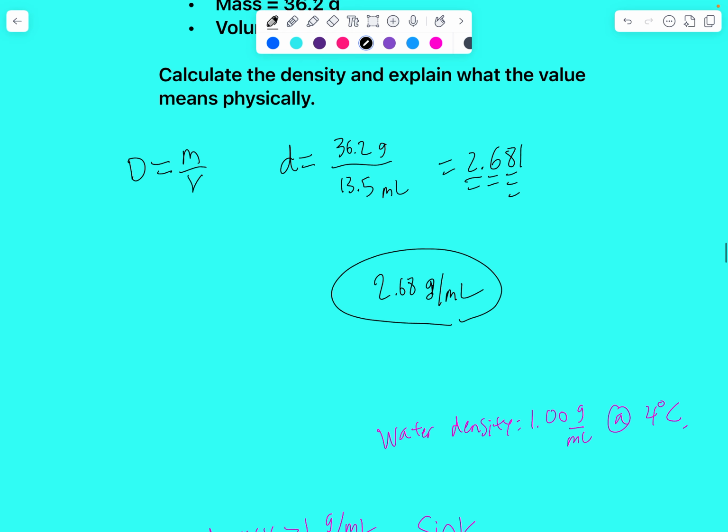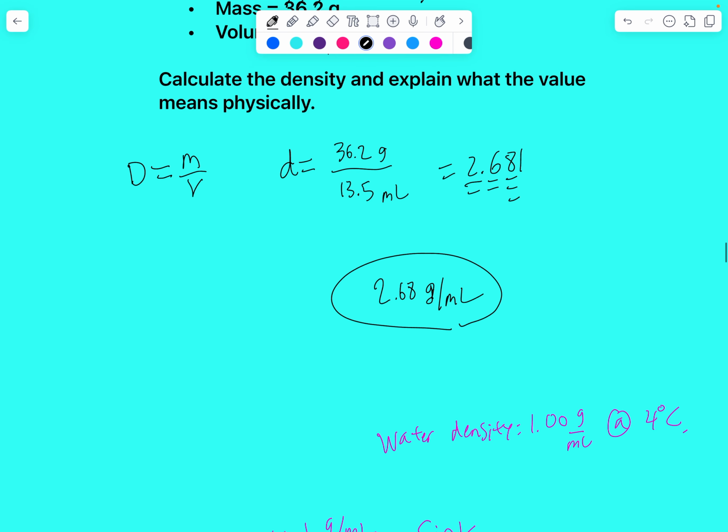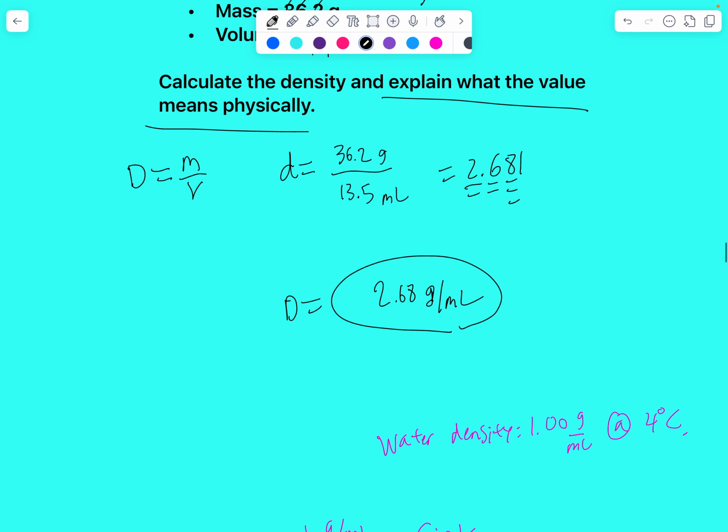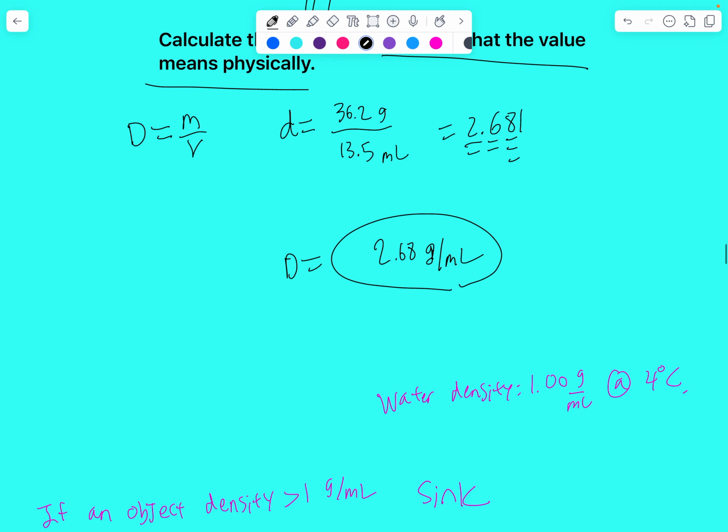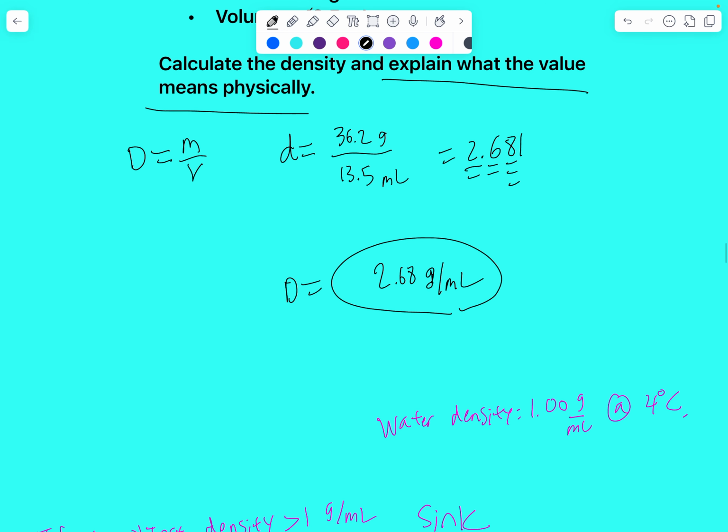Here's what you guys need to know, because they wanted us to explain what the value means physically. Water's density is 1 gram per milliliter at 4 degrees Celsius. I'm telling you guys that because you're going to need to know it. I know that this density is greater than water.